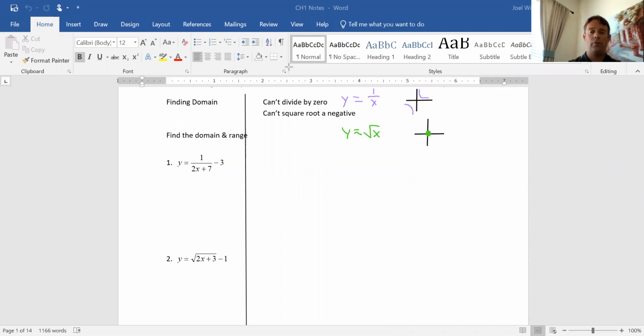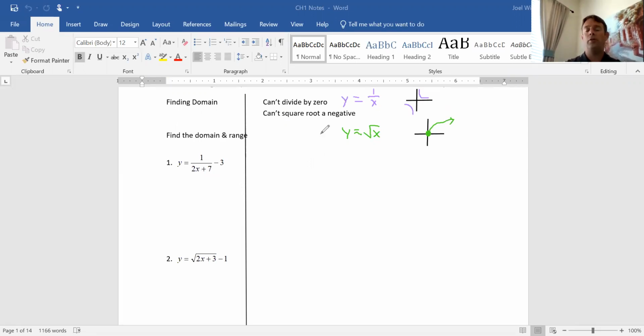And then it makes like a little curve that goes up like this. It's like half a parabola, half of a sideways parabola, which is honestly what it is. So we can't square root a negative number. So those are the two things that we're looking at here. So if you don't have any numbers in the denominator equal to 0 or any square roots, for the time being, we're going to say that the domain is all real numbers. Now, there are other exceptions, and we'll get to those later on down the road.